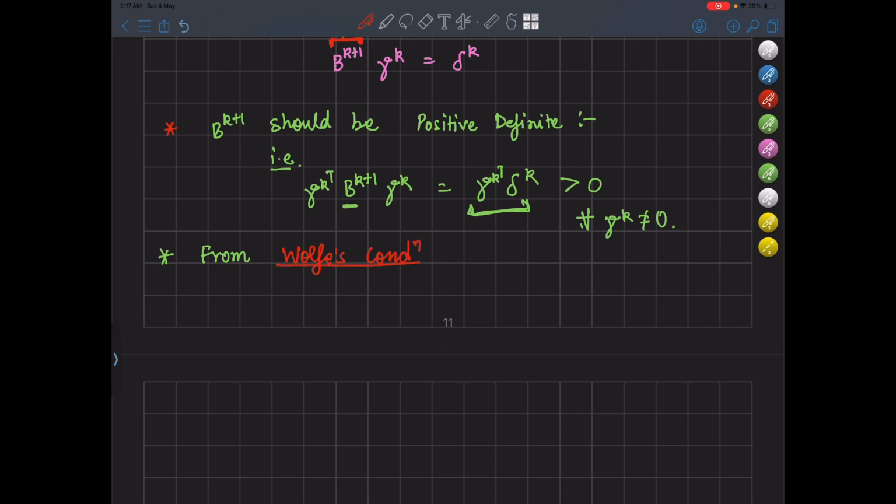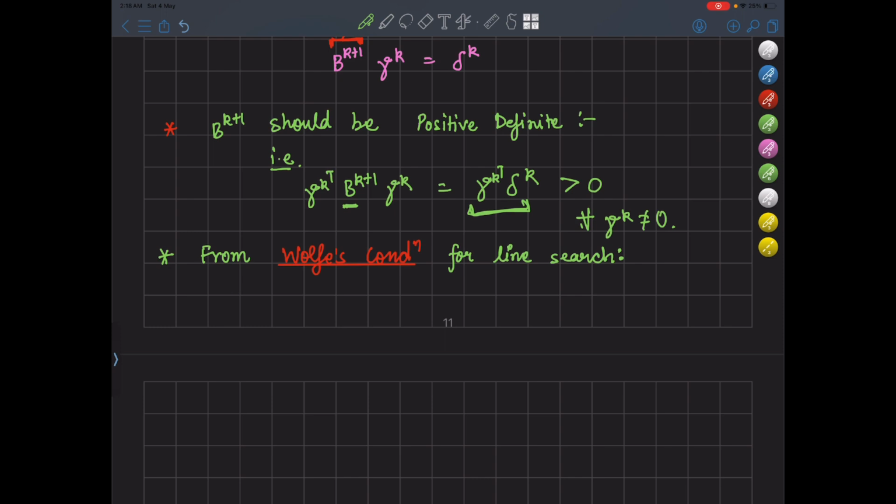If we try to find alpha k through Wolfe's conditions for line search, what does the Wolfe condition say?